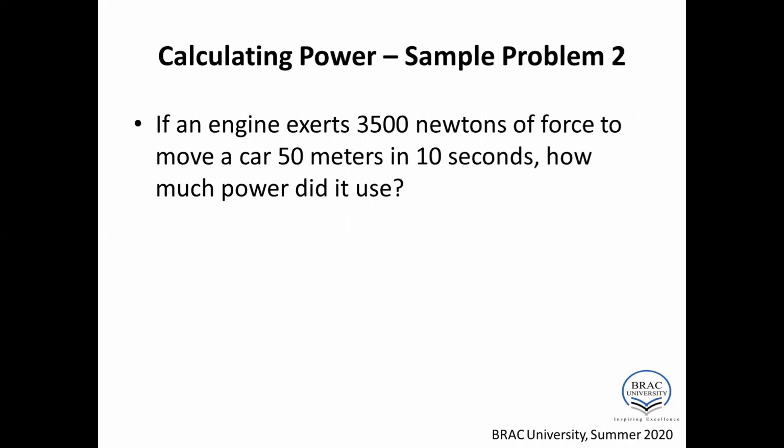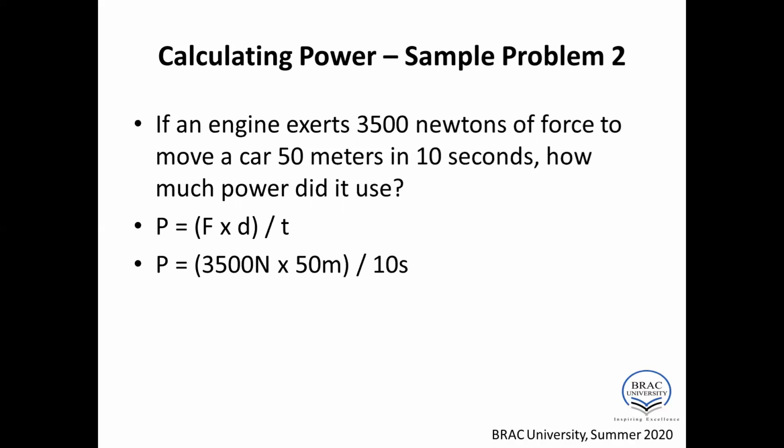Now let's solve problems related to these topics. If an engine exerts 3,500 newtons of force to move a car 50 meters in 10 seconds, how much power did it use? The formula is P equals F cross D divided by T. Here the force is 3500 newtons, the displacement D is 50 meters and time is 10 seconds.